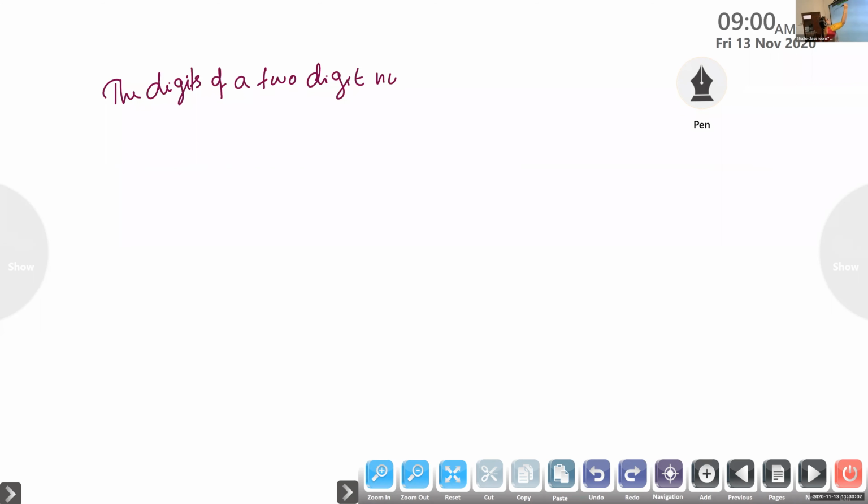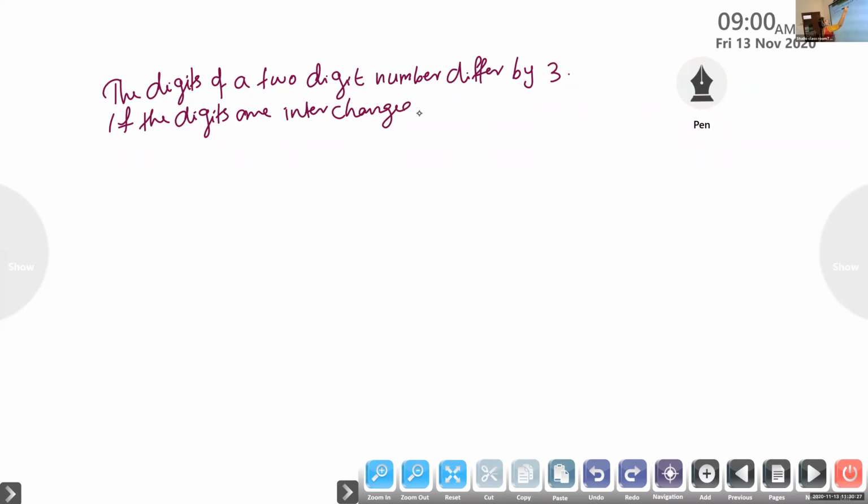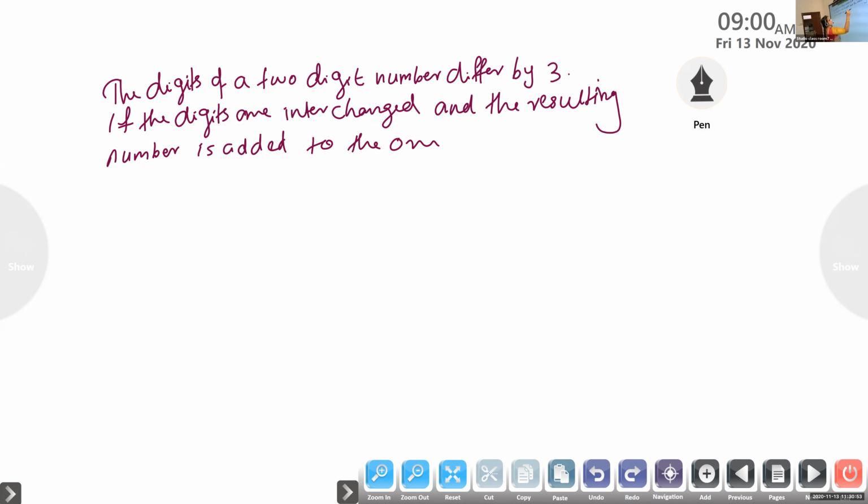If the digits are interchanged, and the resulting number is added to the original number, we get 143.